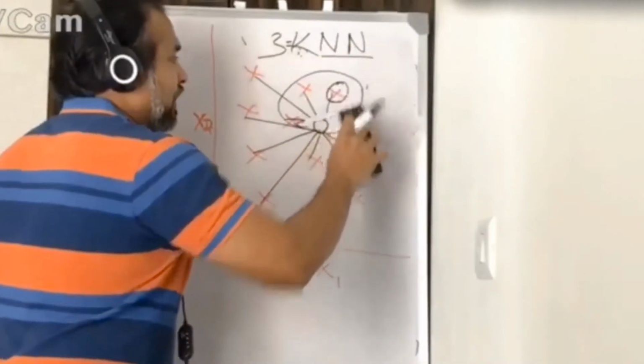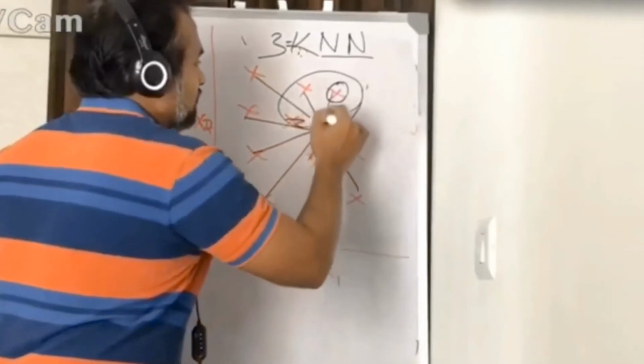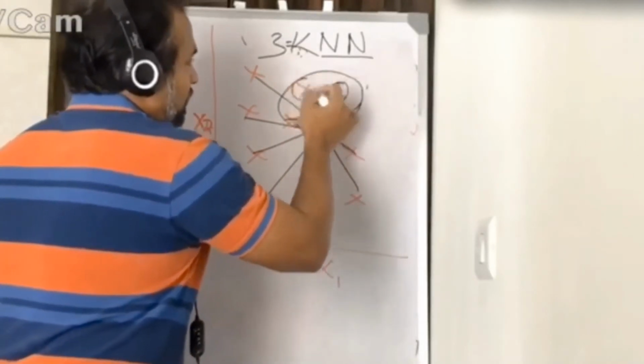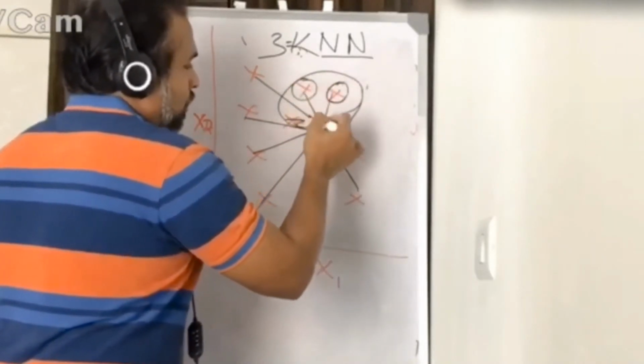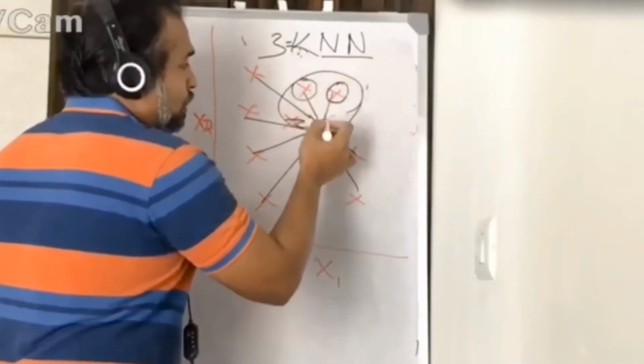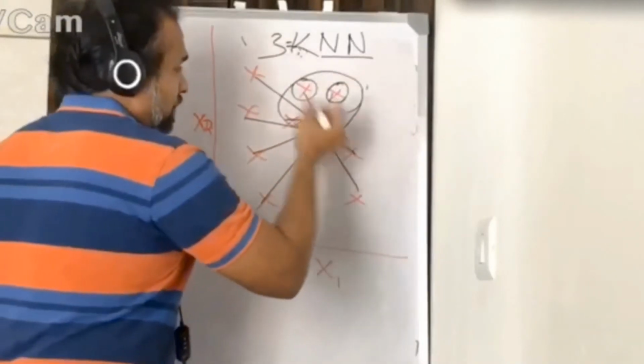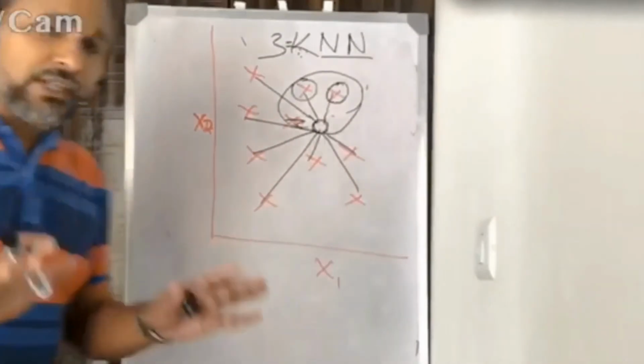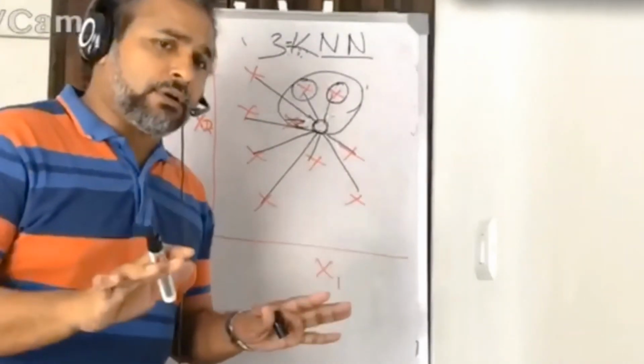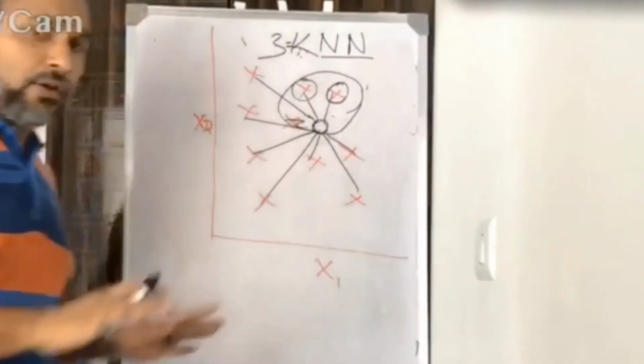So you have 3 nearest neighbors identified, and the properties of these 3 nearest neighbors will be used to predict the class of this particular query. So this is essentially how a nearest neighbor or k nearest neighbor algorithm will look.